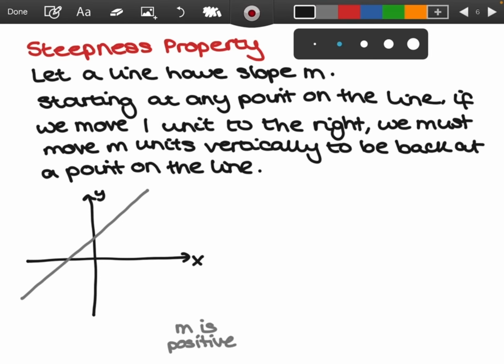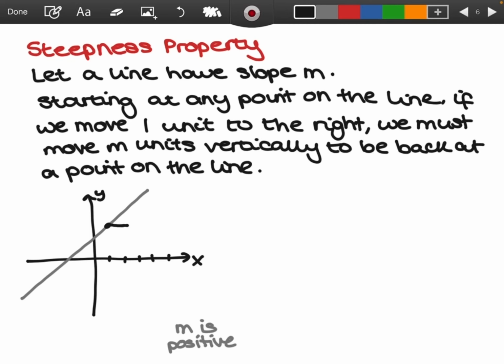What does our steepness property show us? If I plot out a couple of units here on my x-axis, if I start at a particular point, at this point, let's say x is equal to 1.